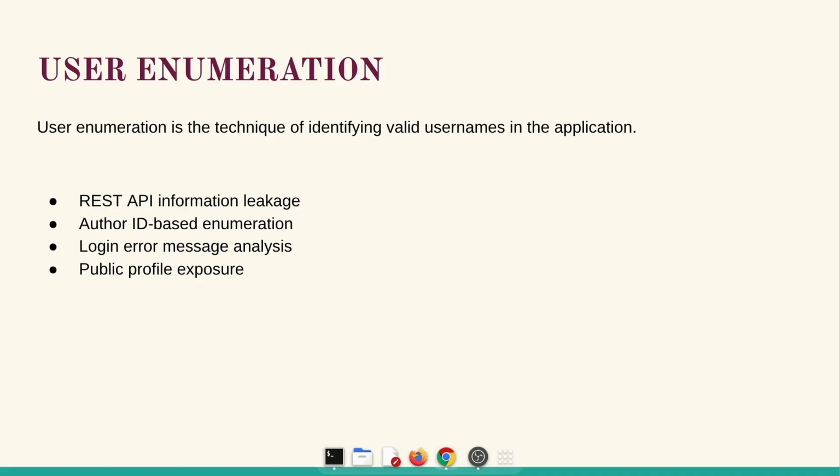This is the first step in most WordPress compromises. For REST API information leaks, we enter wp-json/wp/v2/users on the target, and it will show the REST API information leak there.